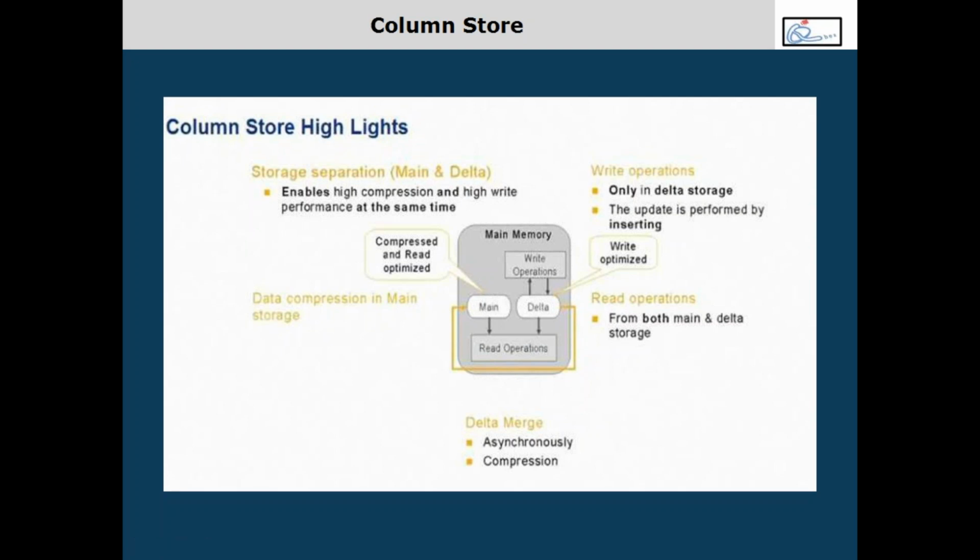Okay? Since my delta storage is optimized for writing, my write operations are faster, because every write is done on what? Delta. Every write is done on the delta table, and the delta table is optimized for writing. It is more of a row store mechanism, so I can write very fast.